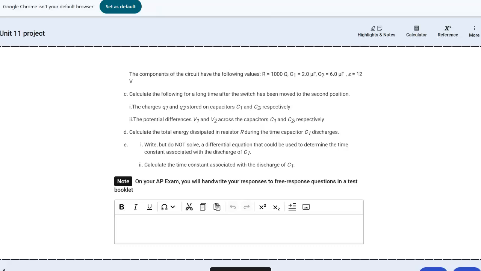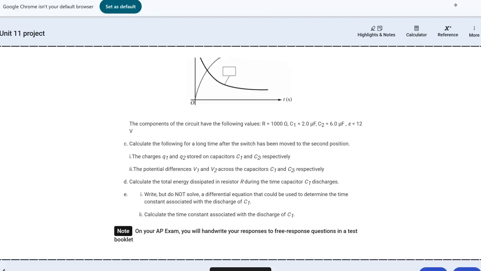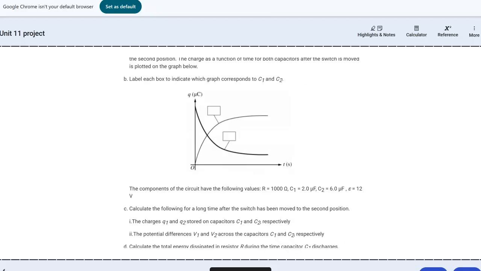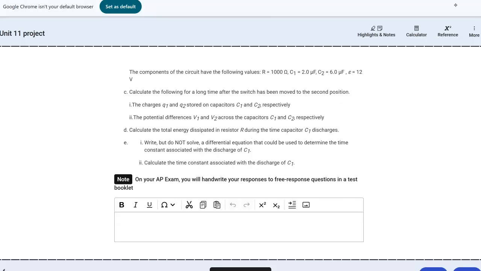Okay. Write, but do not solve. Okay, well, we could use the loop rule. So it'd be voltage across everything.